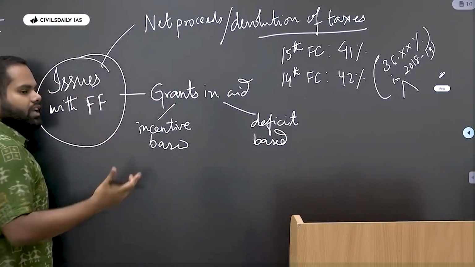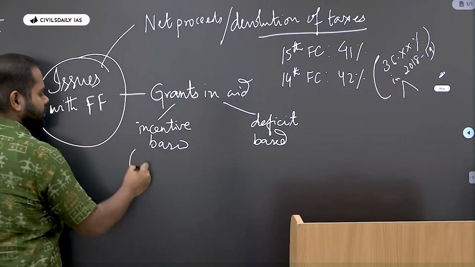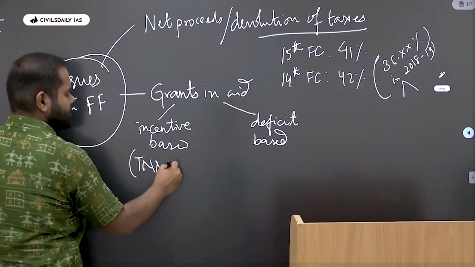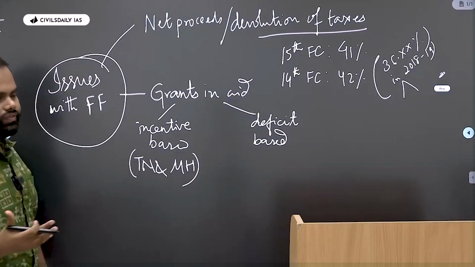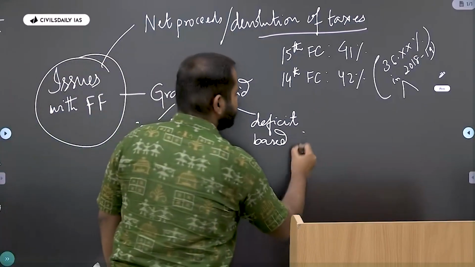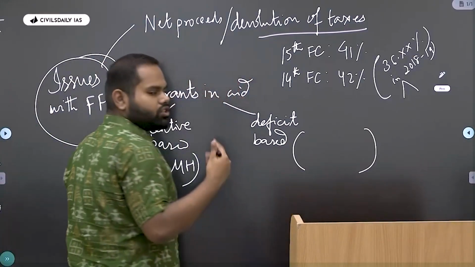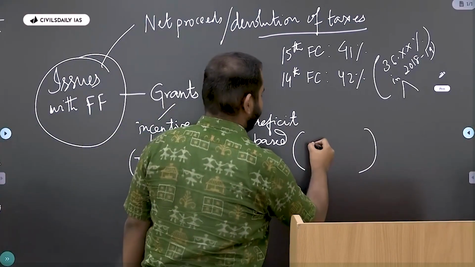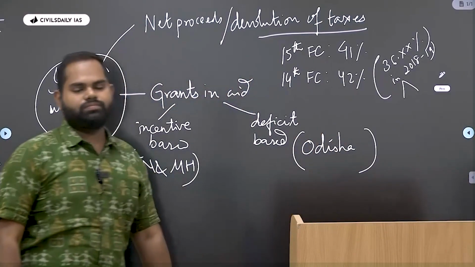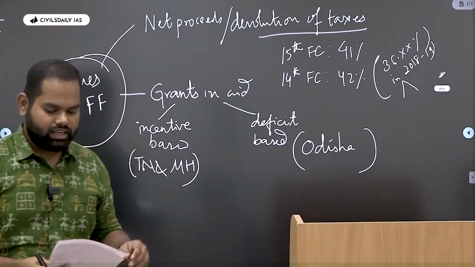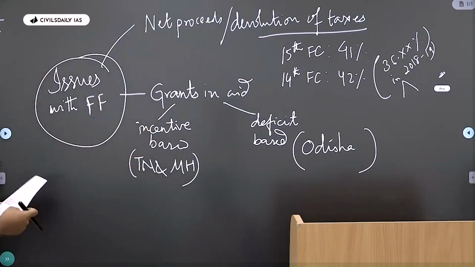The relatively economically prosperous states like Tamil Nadu and Maharashtra contend for incentive-based devolution of the grants, but the relatively not so prosperous states, sadly, as a fact, Odisha comes under that. So there's a tussle on what principle you have to give.